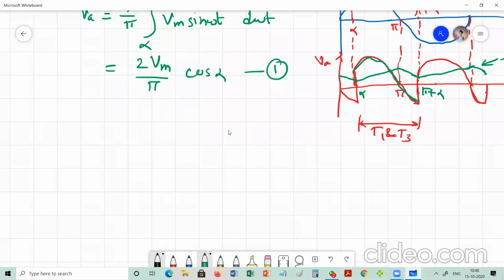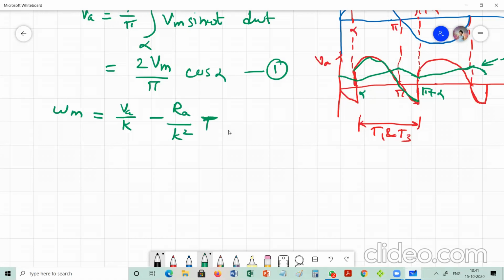Again, we know the equation of speed in terms of torque: omega m is equal to VA by K minus RA by K square into T. We have already derived how this equation comes.